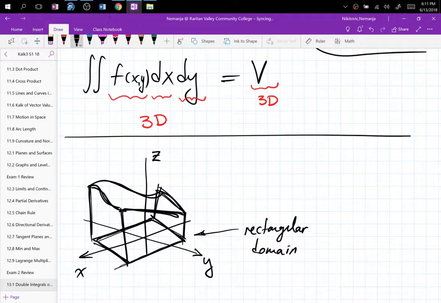Now, what I'm going to do is define a representative French fry, right? So if you look at your x and y axis, we can come up with this little guy that will extend all the way to the top.